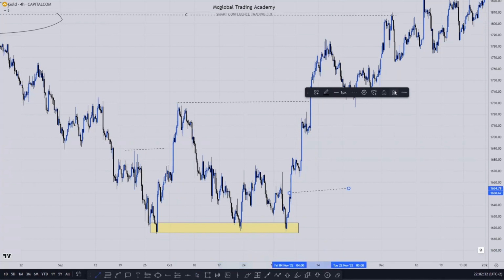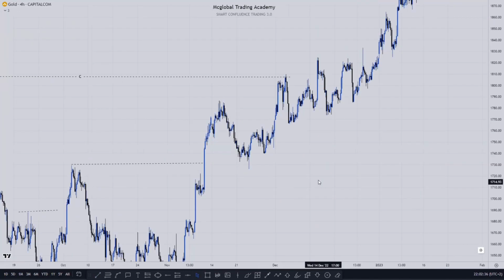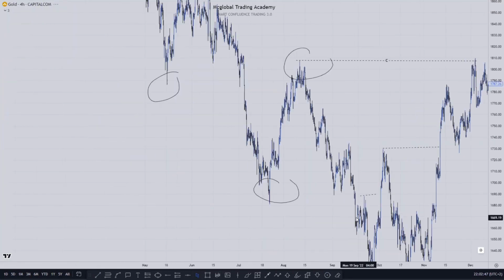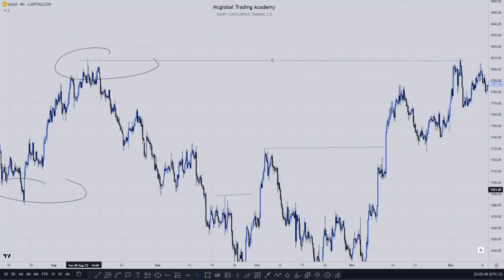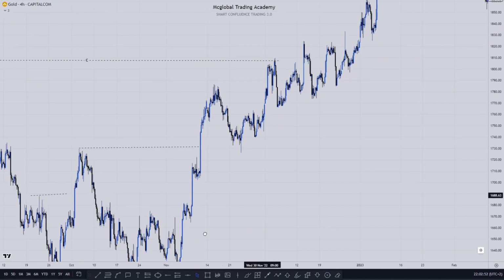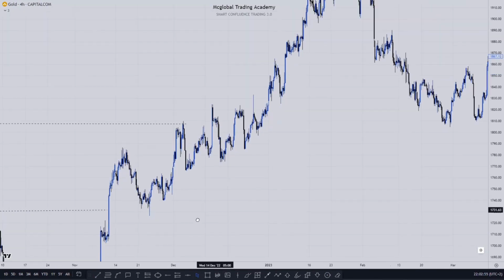After you bought and took out that high, they just kept on going up and up and up. Here, that's my swing. Is it my swing lower low? Yes, it goes lower than that. So it kept on going.